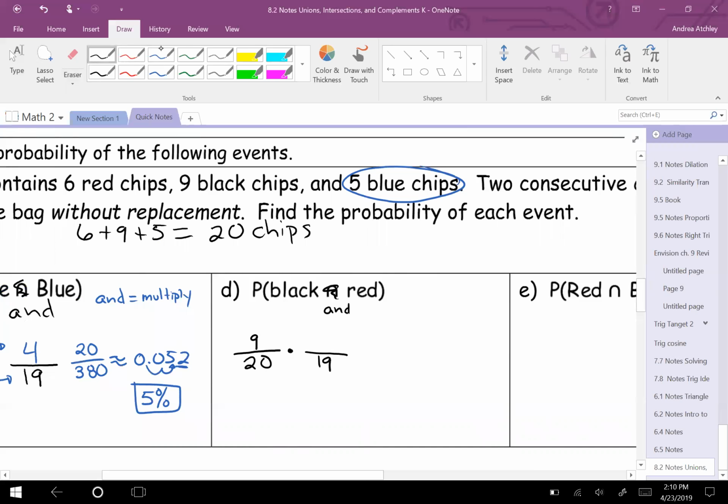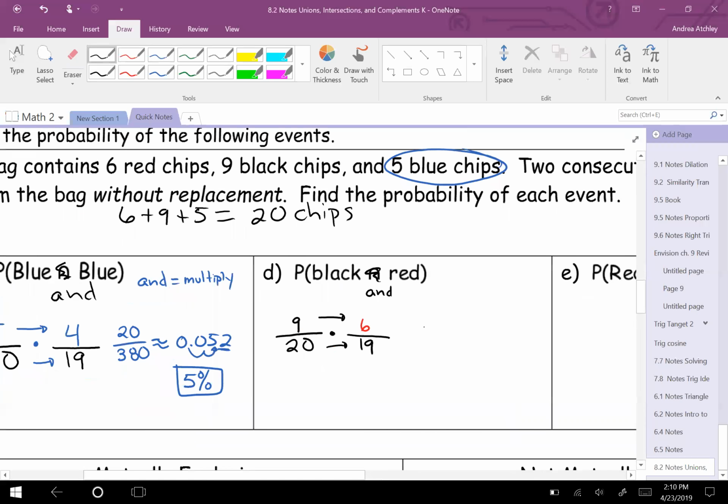Now my second time, I want to pull the red. How many red chips are there? 6. Since I didn't take any away, there's still 6 of them in there. Then you multiply straight across. So it gives me 54 out of 380 again.